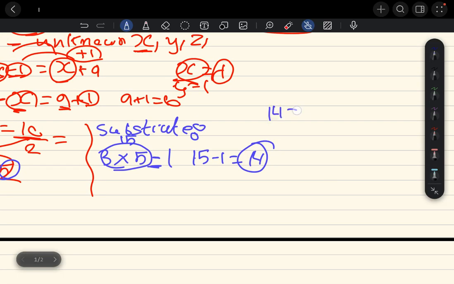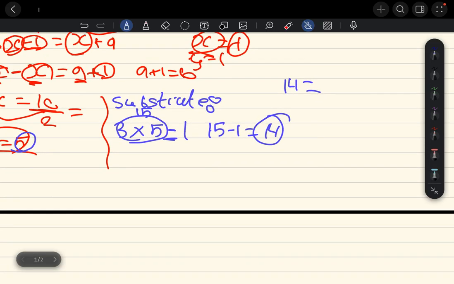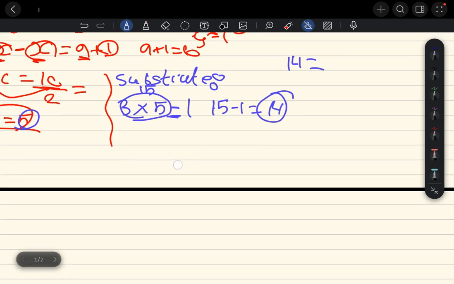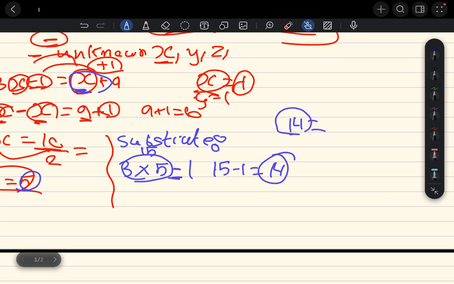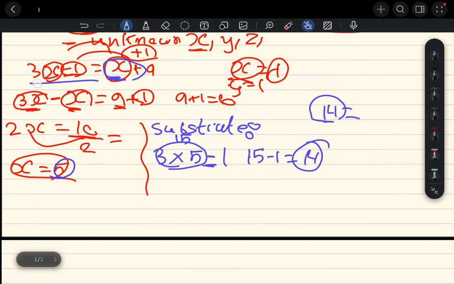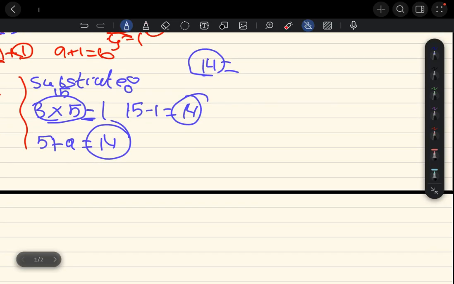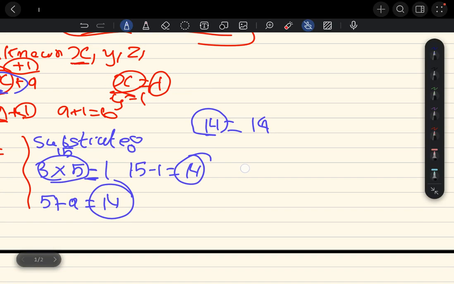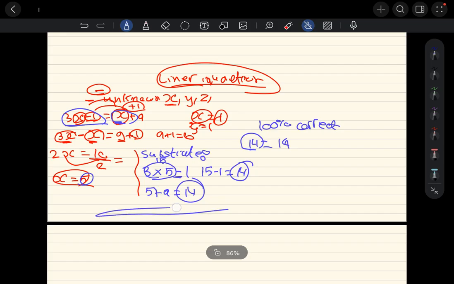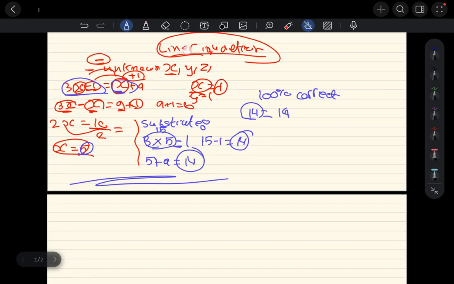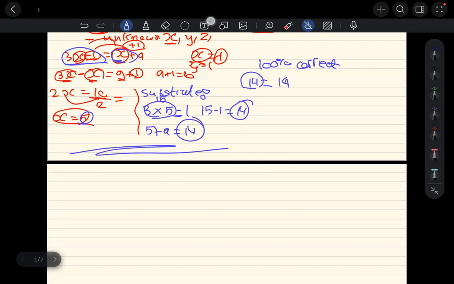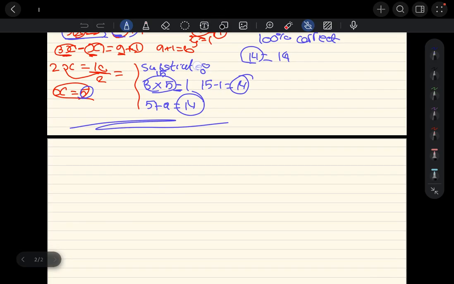So 14 equals, we got that 5 plus 9 is equal to 14, right? Because 14 is the value of the other side. So when you get the same answer for both, you know that your answer is 100% correct. But you have to show your working like that. When you know that your answer is 100% correct, let's get another one.